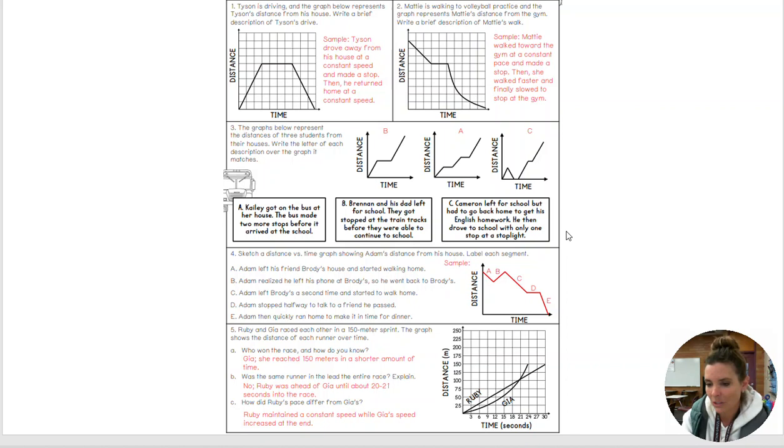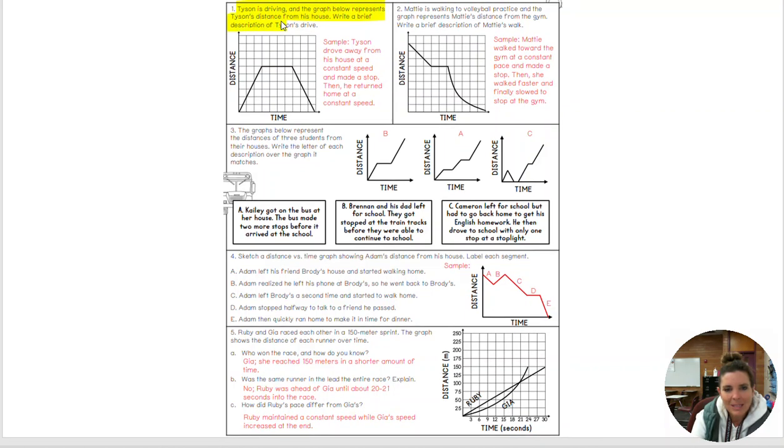Okay, so let's go ahead and try some of these situations. It says Tyson is driving, and the graph below represents Tyson's distance from his house. Write a brief description of Tyson's drive. So here's time, here's distance. He's driving from his house. So here's his house.